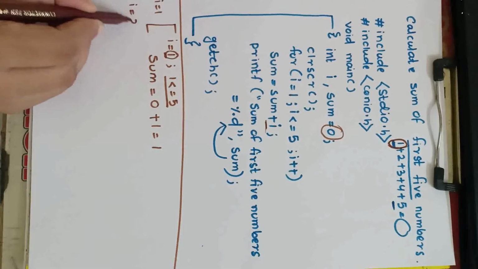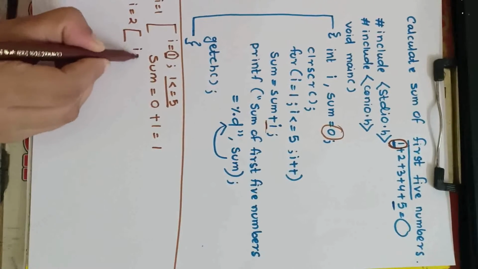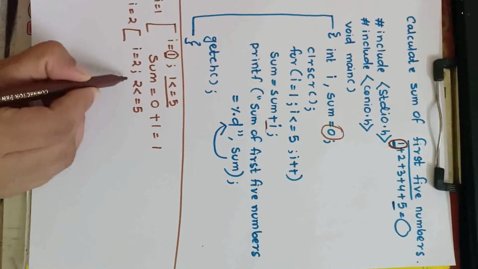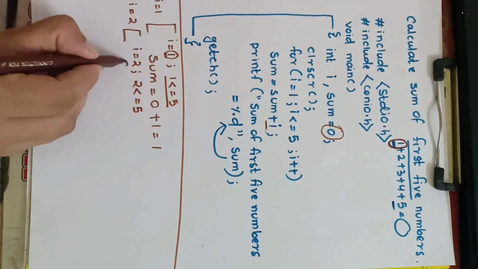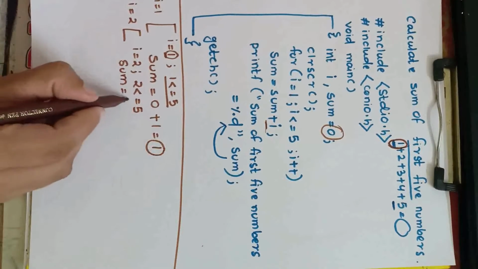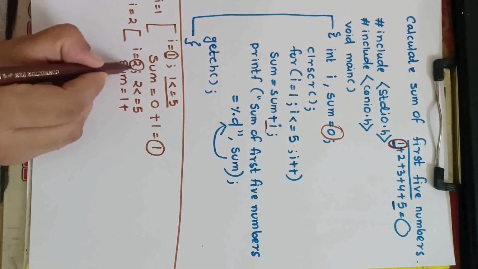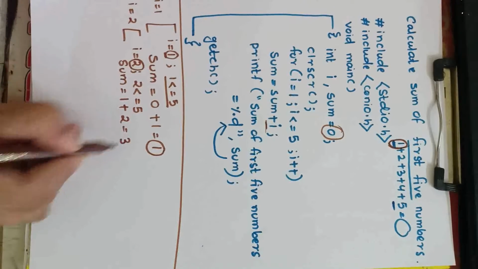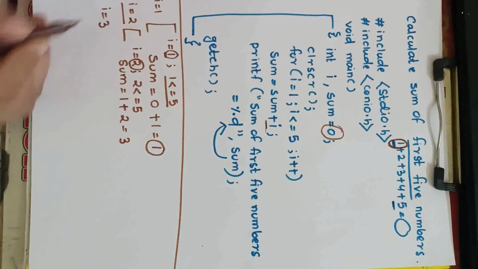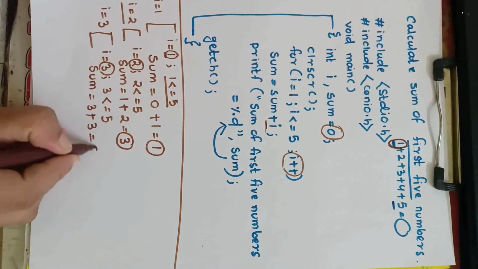Next we calculate for i equals to 2. Now i equals to 2. 2 is less than equals to 5. Yes, the condition is satisfied. Next sum equals to sum plus i. Now what is the value of sum? 1 plus what is the value of i? 2 equals to 3. So this is for i equals to 2. Next we check i equals to 3, because 3 plus 3 equals to 6.